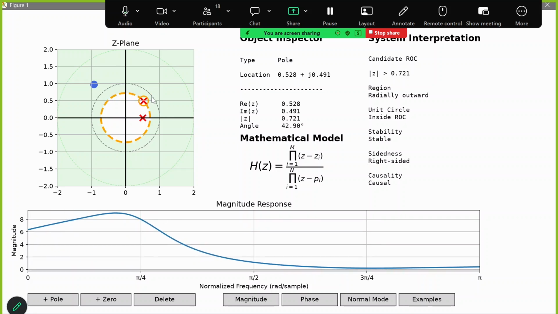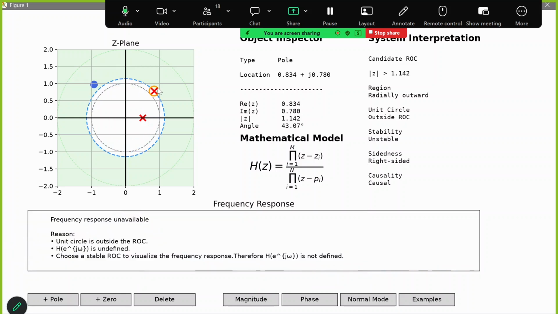However, if I drag this pole outward like this, the frequency response is unavailable because now the unit circle is not part of our ROC. So we cannot define the Fourier transform. In other words, it is also unstable. So stability can also be seen from the Z transform from whether the unit circle is included in the ROC or not.